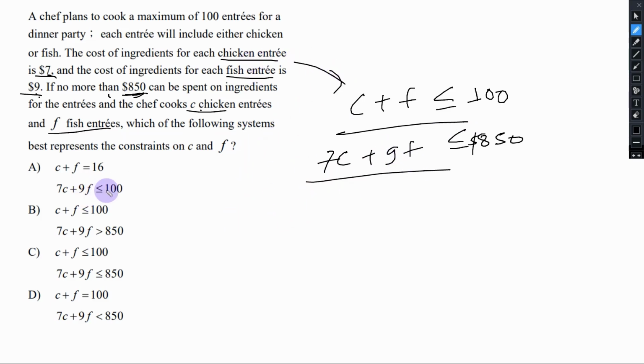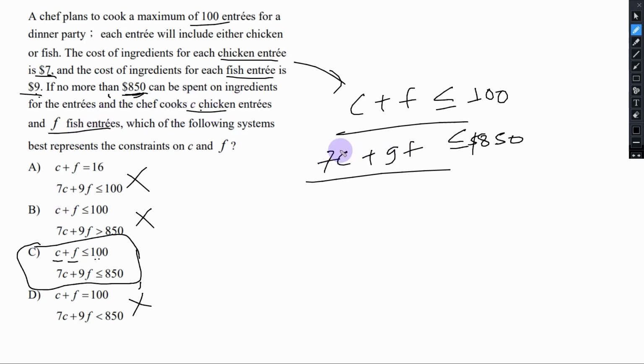So let's match with the answers. This cannot be our answer, and this cannot be our answer, and this cannot be our answer. So this is our answer now. Option C is our answer, because the number of chicken and fish entrees is less than or equal to 100, which is given here as a maximum of 100 entrees. And it is saying no more than 850 can be spent on ingredients for total chicken and fish.